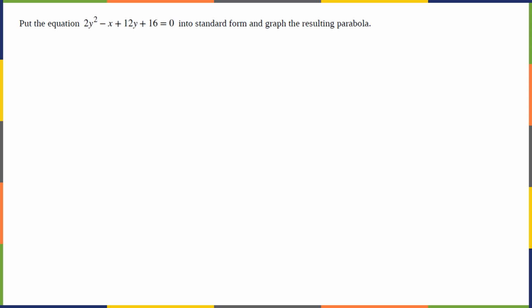Now, working another example, we will put this equation in standard form and graph the result. The first thing that I will notice, since it is quadratic in the variable y, that means that the parabola has a horizontal orientation.